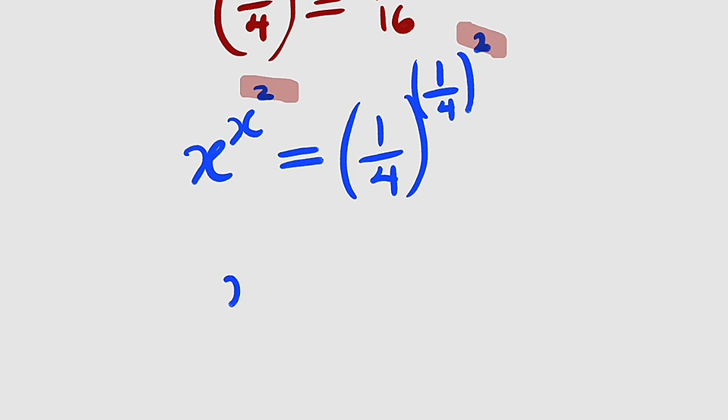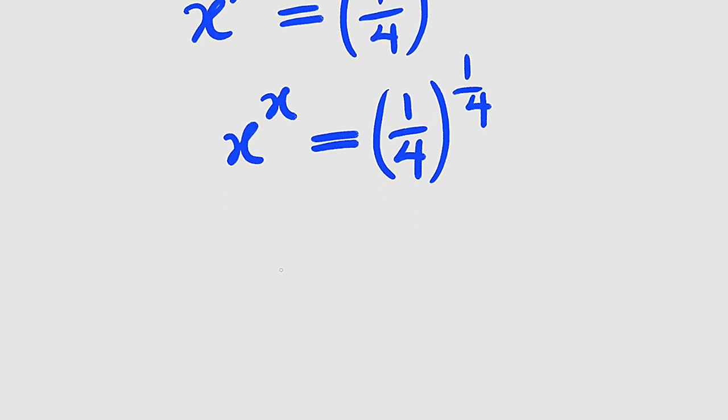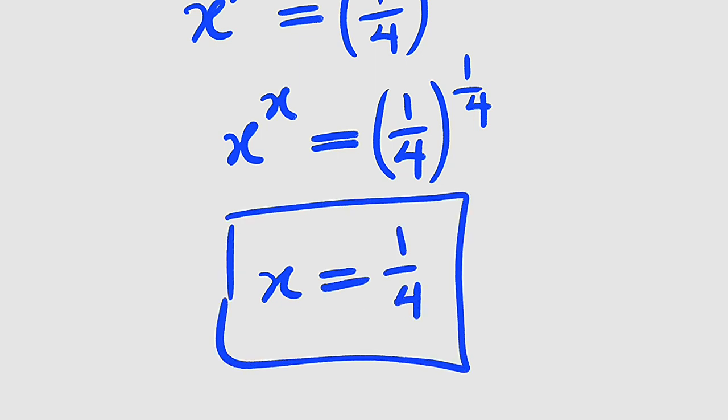This means that x to the power of x is equal to 1 over 4 to the power of 1 over 4, and you can clearly see that x is equal to 1 divided by 4. x equal to 1 divided by 4 is our final answer.